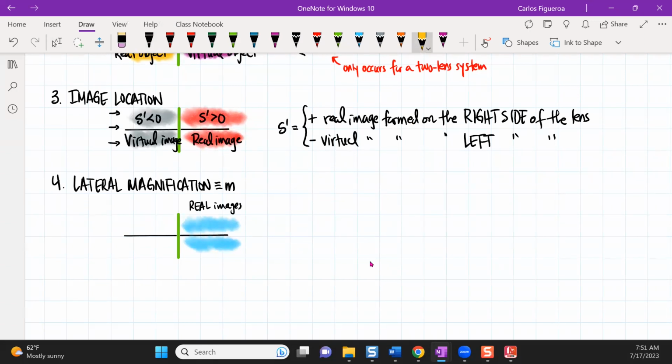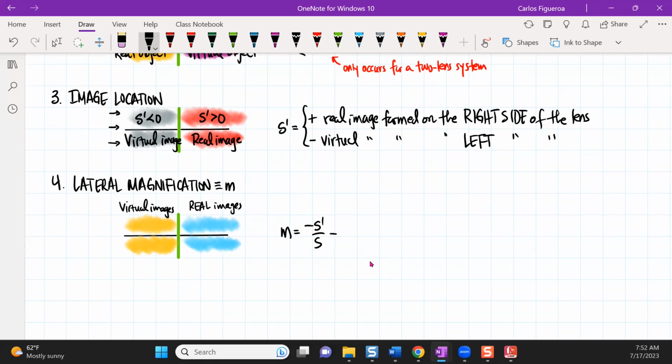On the other hand, on this side over here, we know that these images are virtual images. So now let's look at the magnification here. It reads minus S prime over S.